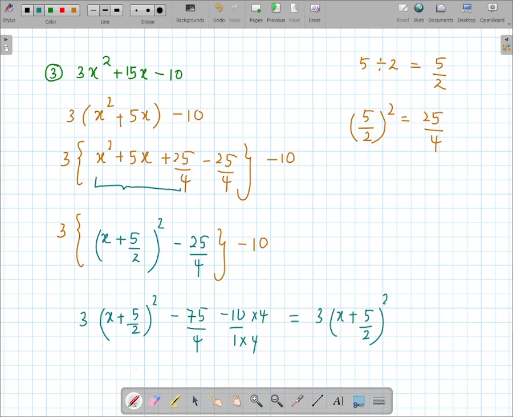Then here minus 75 over 4 minus 4 times 10, 40 over 4. So the final answer is 3 times (x plus 5 over 2) whole thing to the power 2 minus 75 over 4 minus 40 over 4, that is minus 115 over 4. That's the final answer.